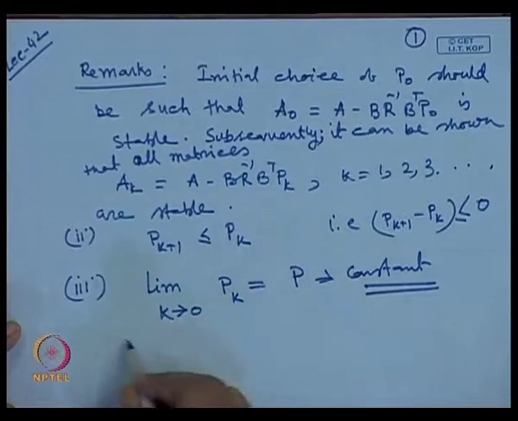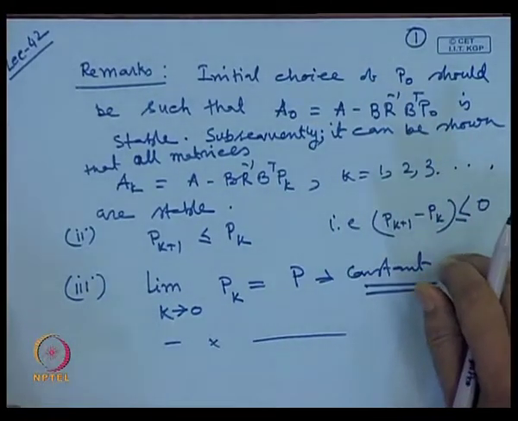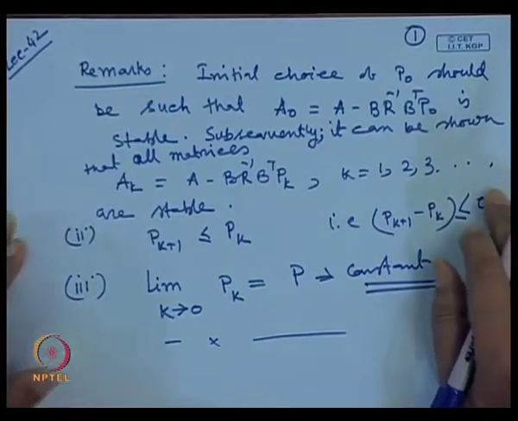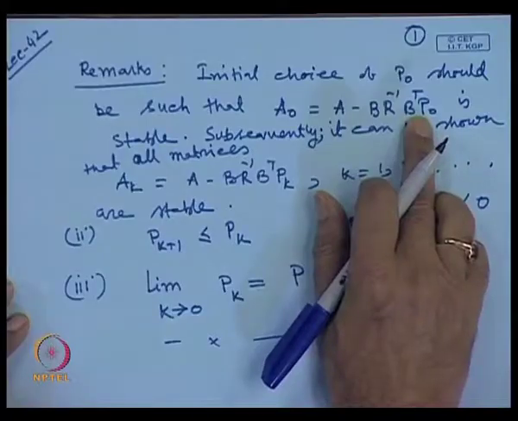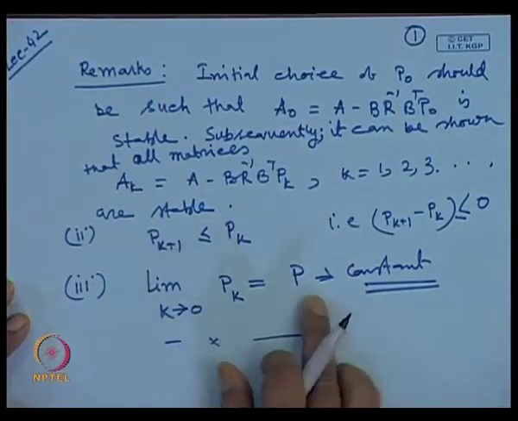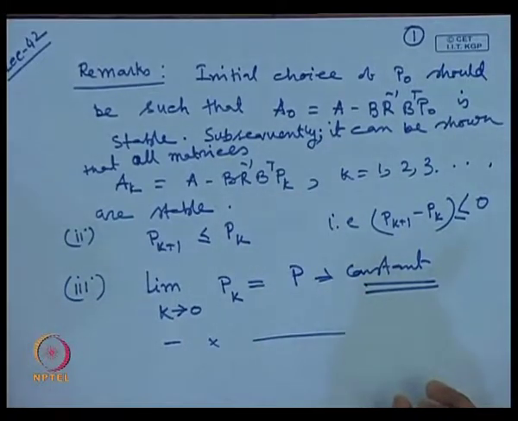In this way we can solve the algebraic Riccati equation; this is called the iterative method. But one disadvantage of this method is that if your initial guess is not appropriate, then it will take longer to converge to the solution P of the Riccati equation.